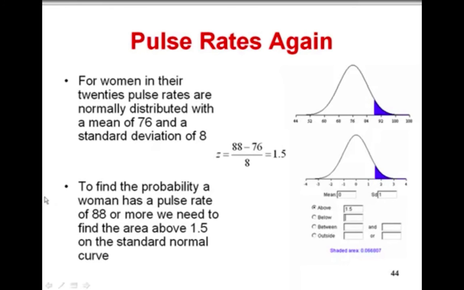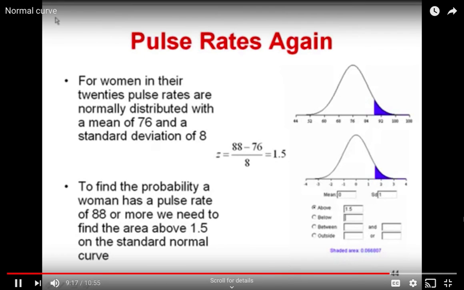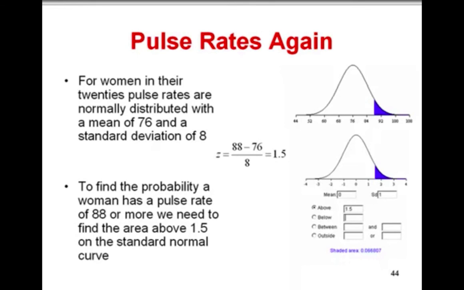After converting 88 to a z-score of 1.5, we will use an online calculator to find the area above a z-score of 1.5. The calculator, which will be described momentarily, will tell us that the area above 1.5 is 0.0668. So we can then report that 6.68% of college women have a pulse rate that exceeds 88.